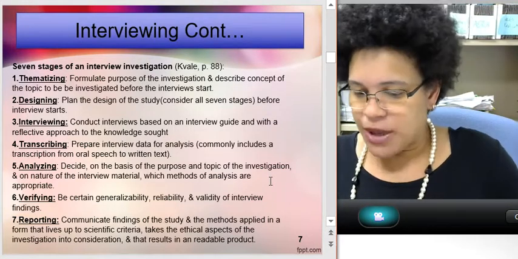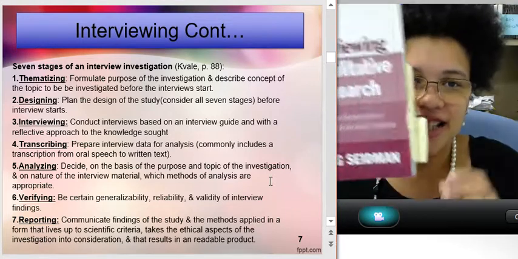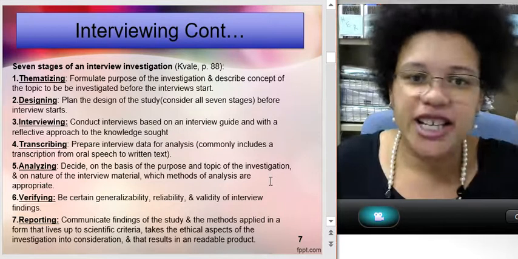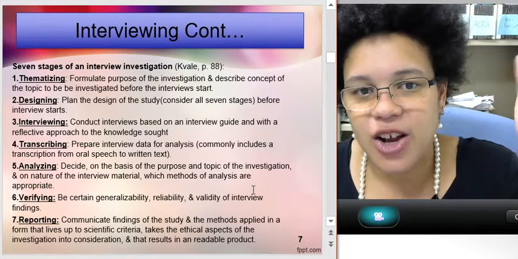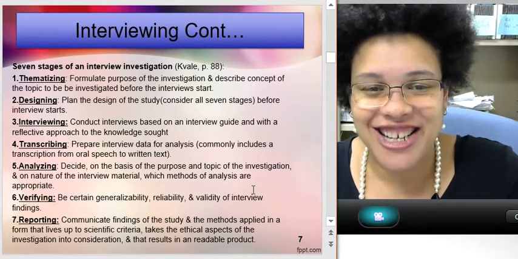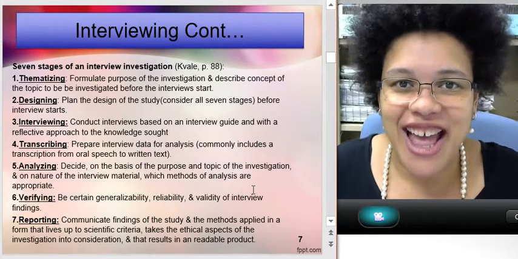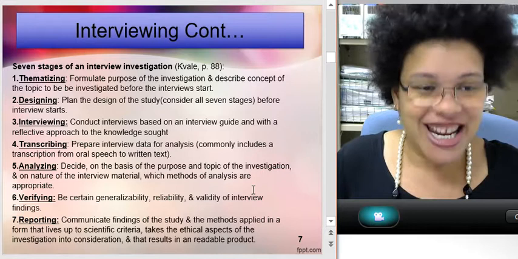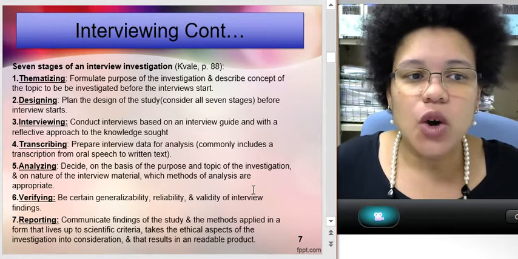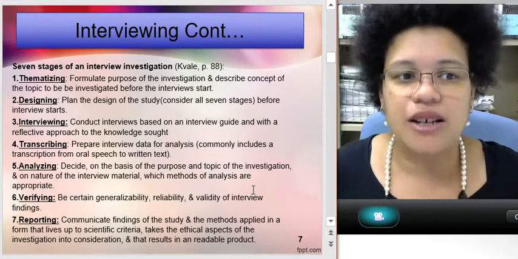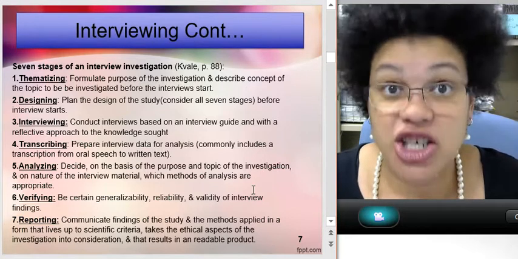One that's a little more of a practical guide is Seidman's Interviewing as Qualitative Research. I've included a reference list at the end of this revised presentation so that you'd have access to that information if you wanted it. And Kvale talks about there being 7 stages of an interview investigation.